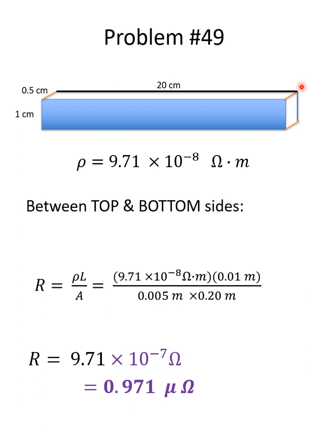So we get 0.971 microohms, or 9.71 times 10 to the negative 7 ohms. It's much less resistance than when it went from left to right because it's a shorter distance and a wider cross-sectional area. There's a third part to the problem, going from front to back, and so you can do that if you want, and the answer's in the back of the book. But I'll leave that to you as an exercise.